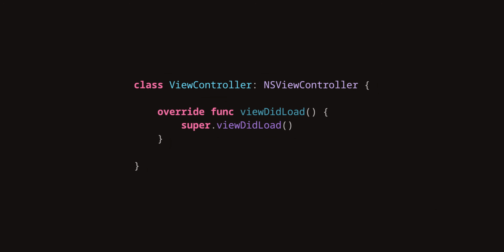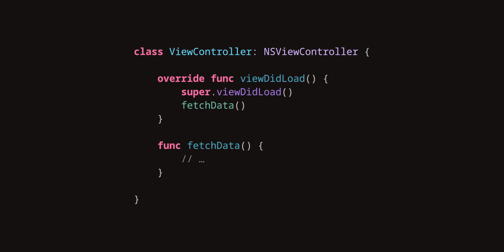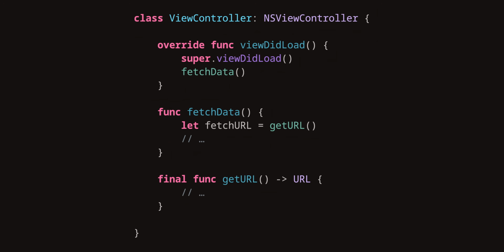But then, viewDidLoad calls fetchData, which is a pure Swift method that is neither final nor dynamic. That means it can use dynamic dispatch through a vtable. And finally, fetchData gets a URL from the getURL method. This one is marked with final, and this keyword makes it use static dispatch. So that's all the three method dispatch methods in just a handful of lines of code.